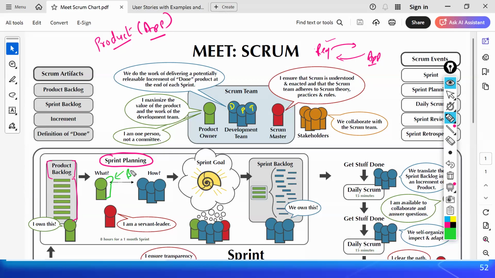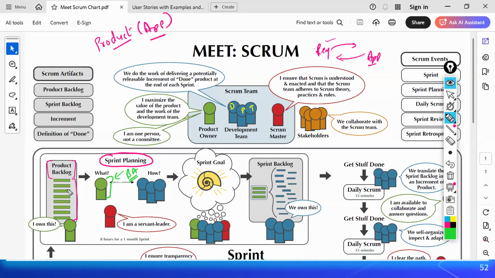So we're going to have our BAs, because wherever there is client interaction, wherever there is something related to the requirements, you need to get these BAs. This product backlog is owned by the product owner, no doubt about that.